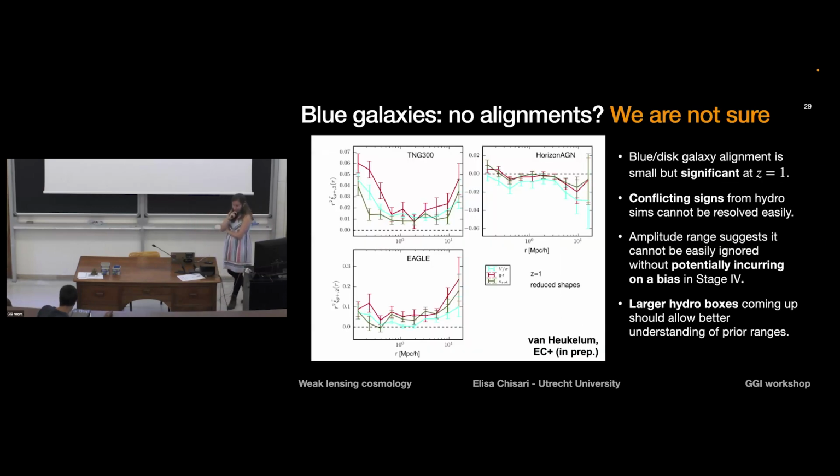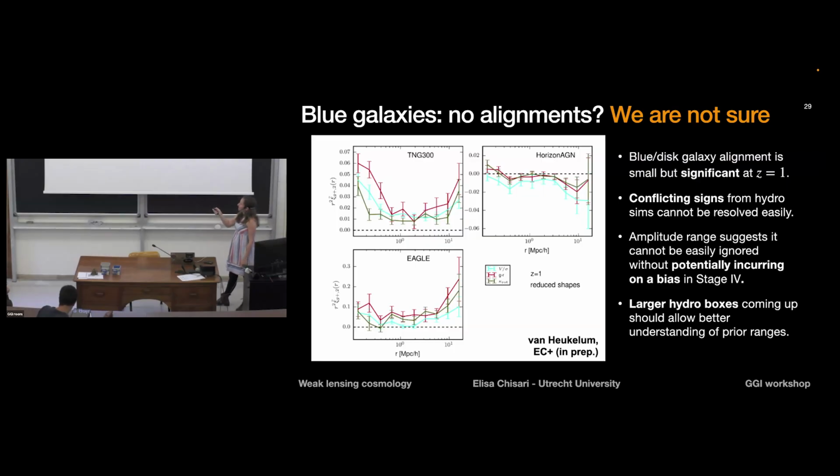Are there blue galaxy alignments? Well, I don't know. If you look at hydrosims, and this is work that one of my PhD students, Marlos van Heukelom, is doing, you look at different hydrosims, you try to select blue galaxies all in the same way, either by their g minus r color, or by their dynamics, which we think is more important for determining the galaxy alignment.